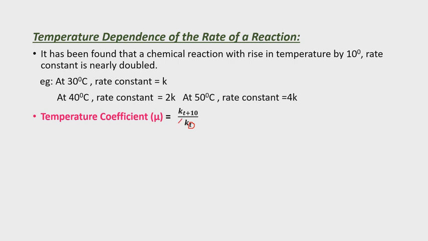At a temperature T plus 10 degrees, that means after a 10 degree difference, this is the rate constant. So this ratio is called the temperature coefficient. For example, this is at T, and this is at T plus 10 degrees. So we will get 2K by K, which equals 2.